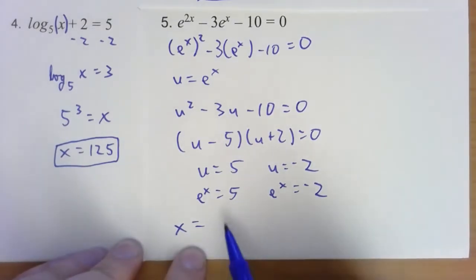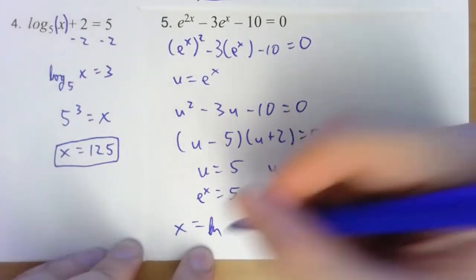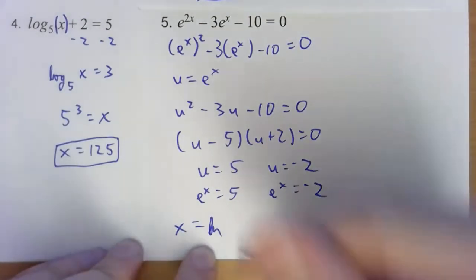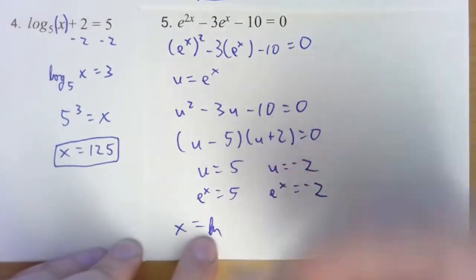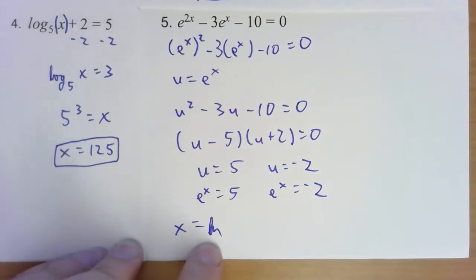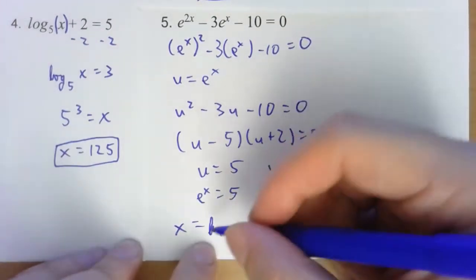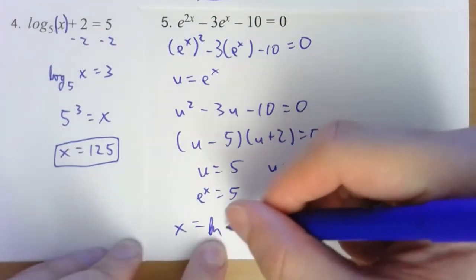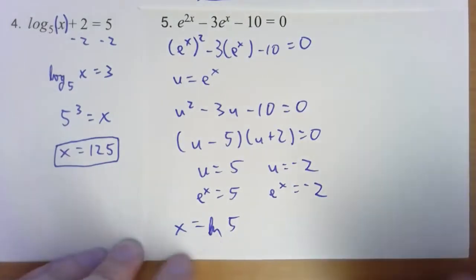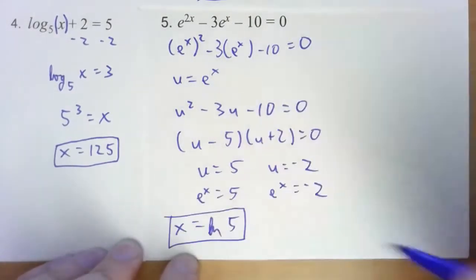If you need to write log base e as a step first, that's okay. But in your final answer, we need to switch to natural log. Again, I use cursive because otherwise people are wondering what 1n is or something like that. So that's my ln, natural log of 5. All right, so there's our answer there.